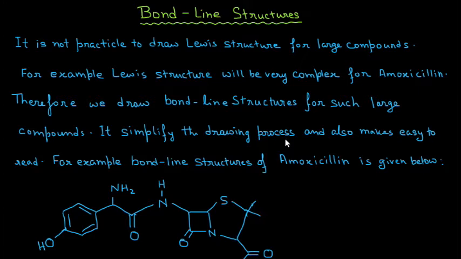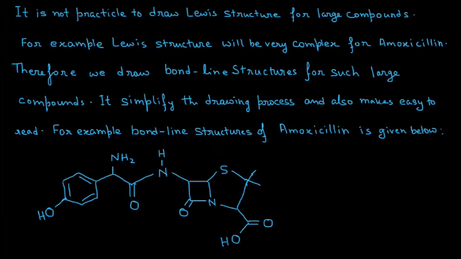Therefore, we draw a bond line structure for such large compounds. It simplifies the drawing process and also makes it easy to read. For example, the bond line structure for amoxicillin is given below. So it is a complex compound, but how easily we can represent it.